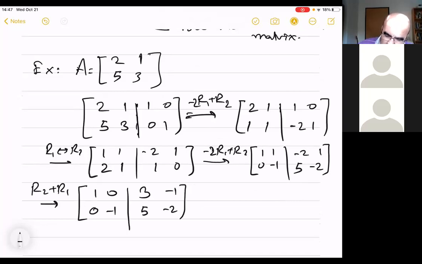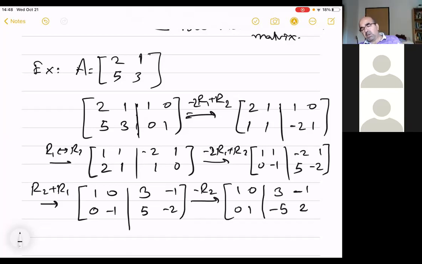And let's multiply the second row by -1. You get 1, 0, 0, 1, and 3, -1, -5, 2. Okay, we have this matrix.